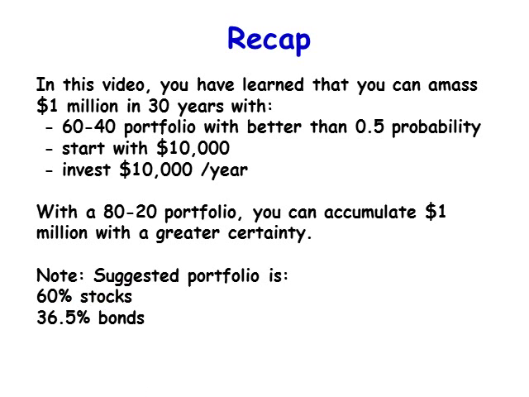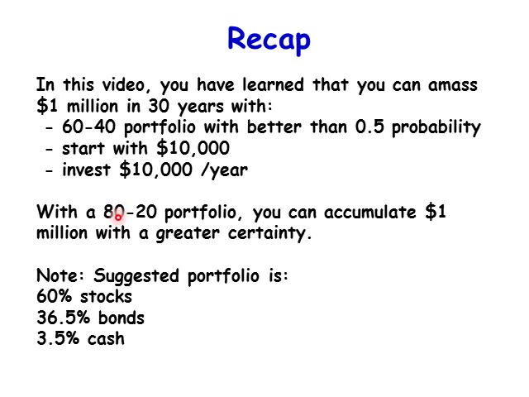60% stocks, 36.5% bonds, 3.5% cash. That's a 60-40: 60% to stock and 40% to fixed income, bonds plus cash. With a 60-40 portfolio, you get a better than half probability to achieve $1 million.